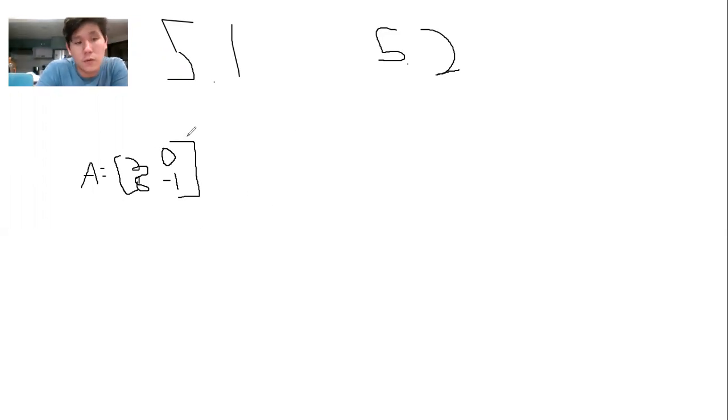By doing this, we have to use our formula, that is lambda times I minus A equals 0.